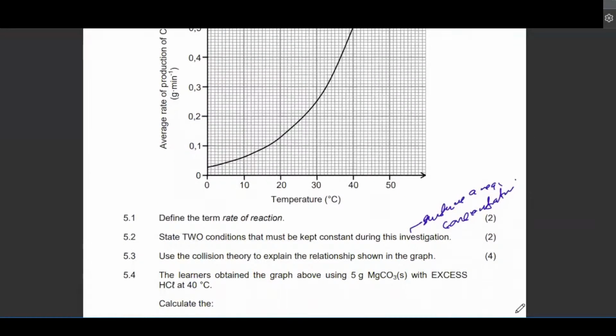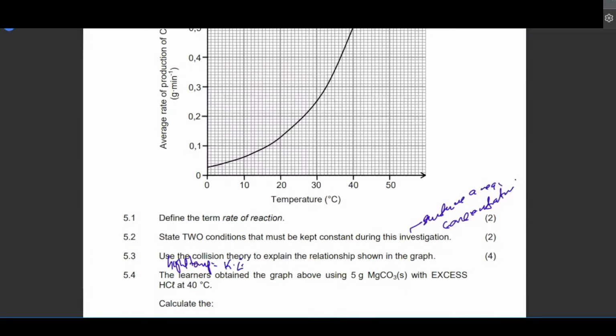So basically, what you need to talk about here is: the higher the temperature, the higher the kinetic energy. So your explanation must have the words high temperature. You must equate it to high kinetic energy.